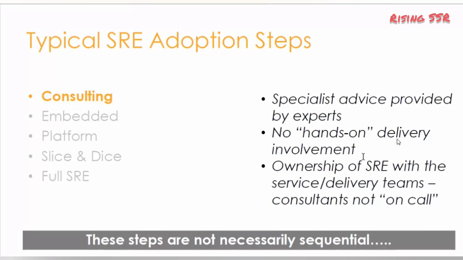They co-work with the team, often on development activities. Knowledge transfer then passes over to the team, and over a period of time it becomes a shared responsibility. The SRE specialists pick up the initial on-call activities, but over time everyone takes their turn providing on-call support. That is the evolution from consulting to embedded.